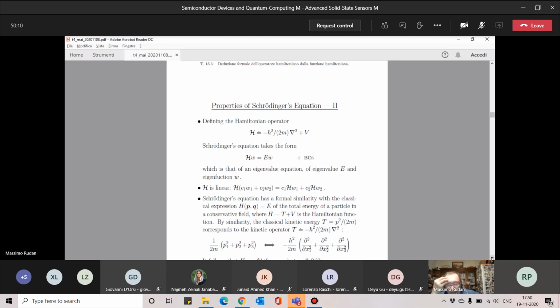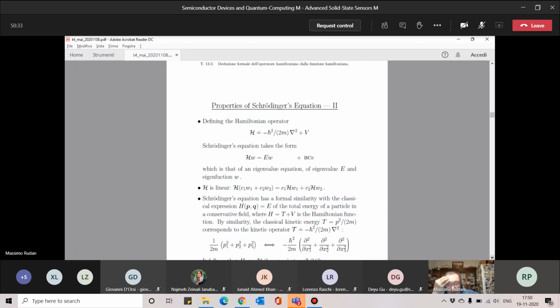Think for a moment that the Hamiltonian is a matrix, not an operator, and that W is a vector, okay? You see that that would be an eigenvalue equation of algebra, okay?